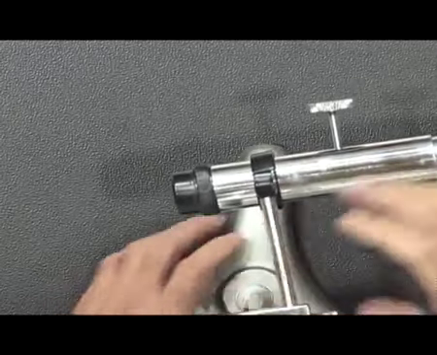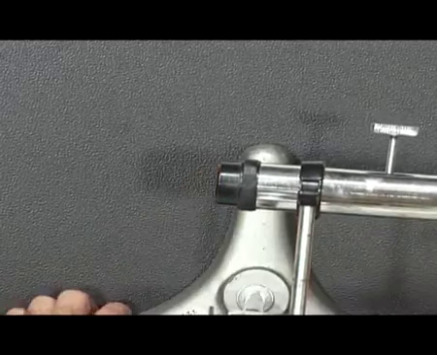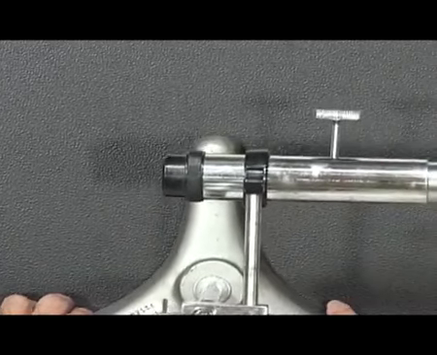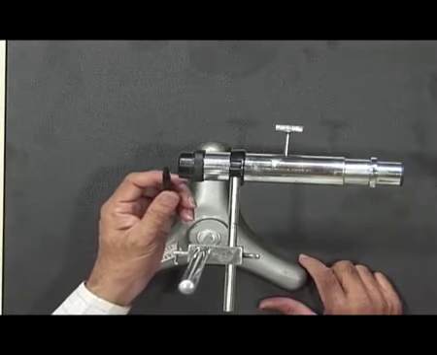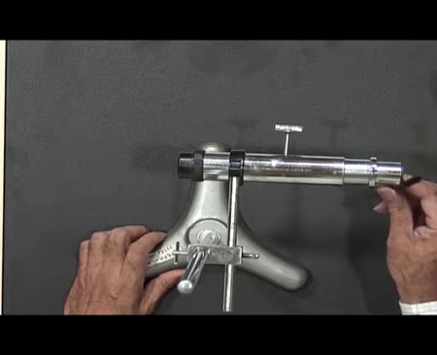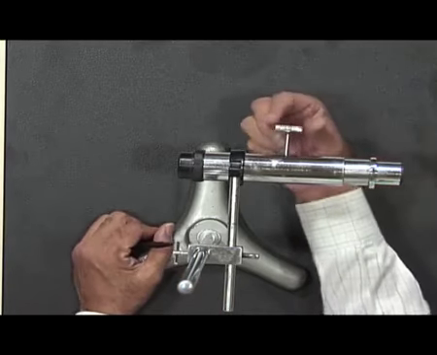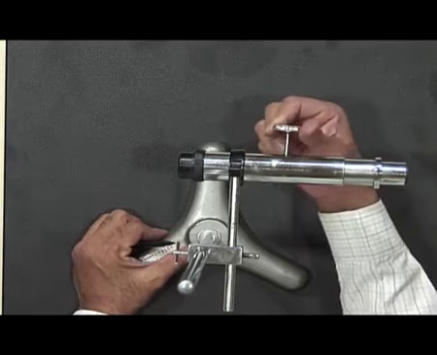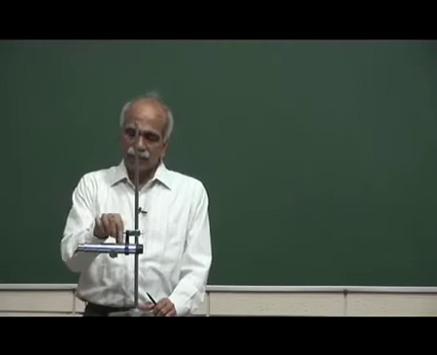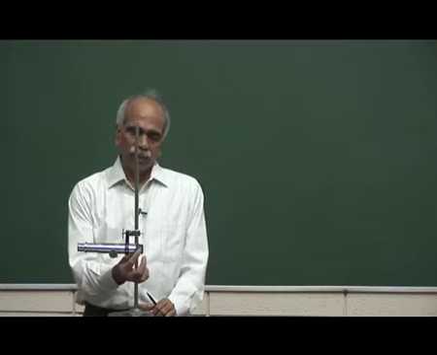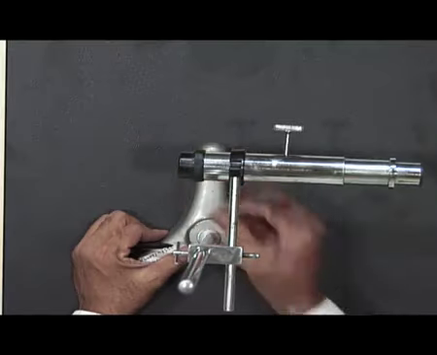Here is a laboratory telescope which I have just picked up from the physics laboratory. We can see it has an object lens and an eyepiece, and as before you can see there is a knob. We can move the knob and change the separation, because the tube which holds the objective is clamped.